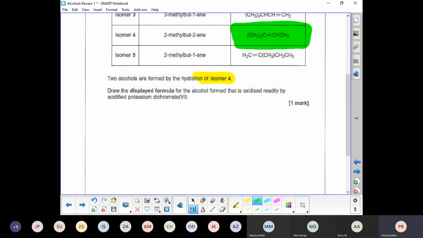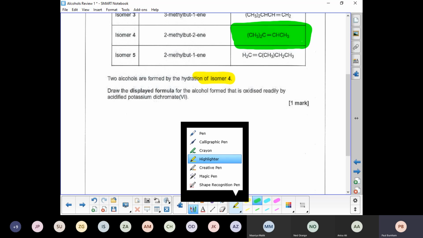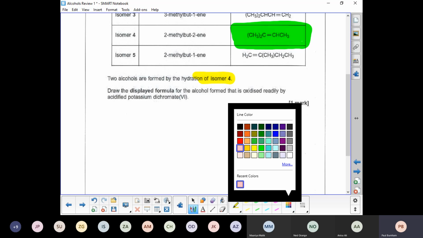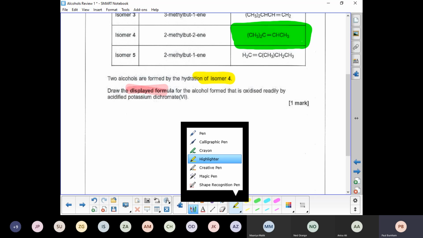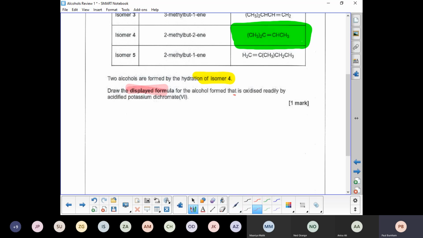Now, when I read the question, I'm expected to use this displayed formula, and we've seen that once already. But also, I've got to draw a product, and I have to draw a product that is oxidized readily by acidified potassium dichromate.